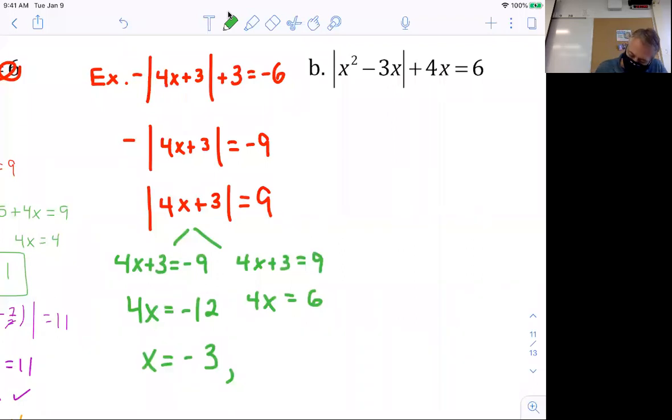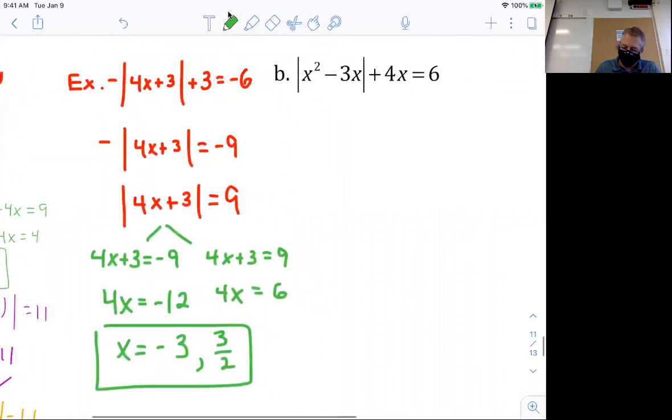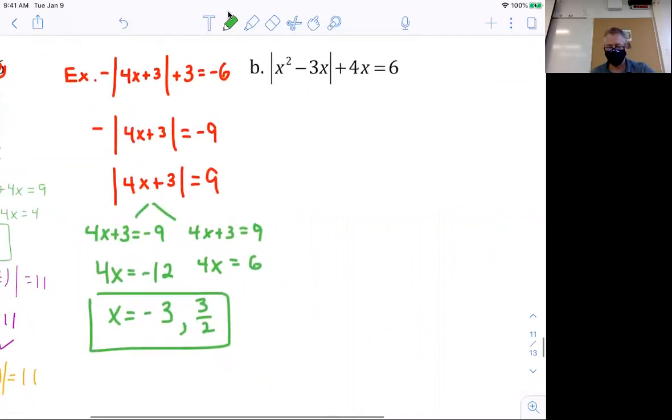So x equals 6 over 4, which is 3 over 2 on the right side. All right, and I'll check those in just a second in case you're still writing. And I'm going to plug those back in, of course.